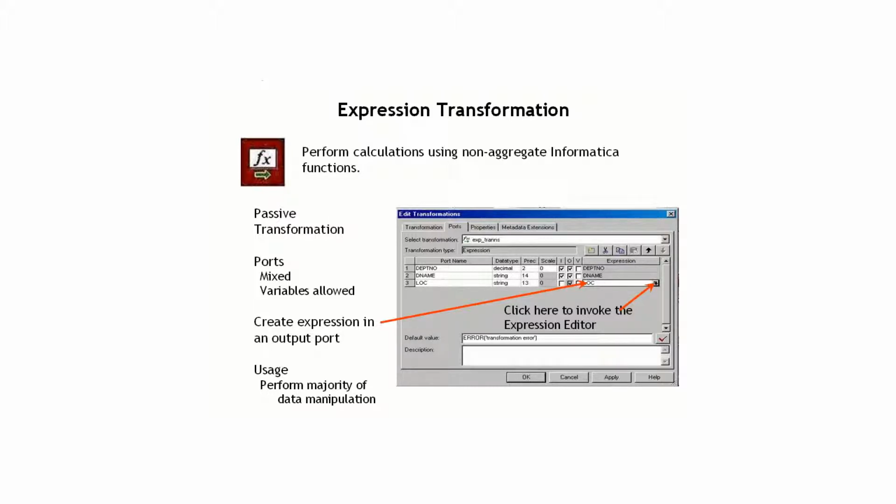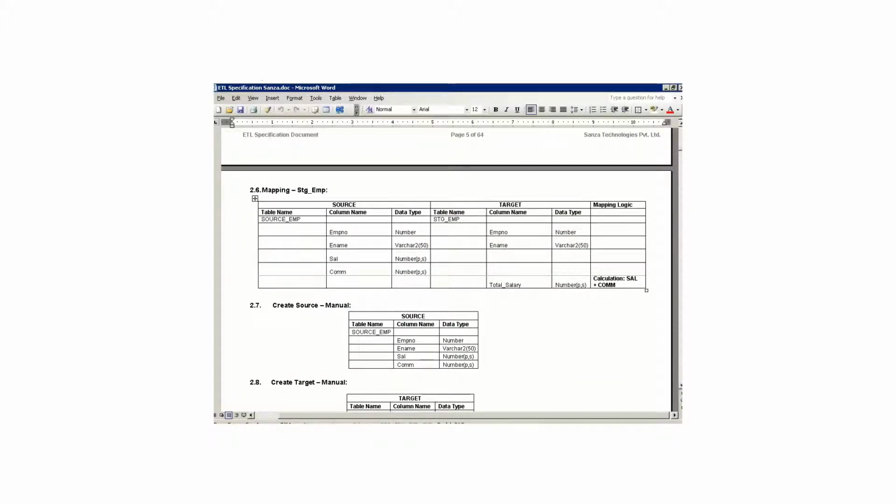So to extract the data from a source, if it is a relational or a flat file, you use source qualifier. If you want to do non-aggregate functions, simple calculations like salary plus commission, then you use a transformation called expression transformation. So for our example, we need to calculate salary plus commission, so we use expression transformation.